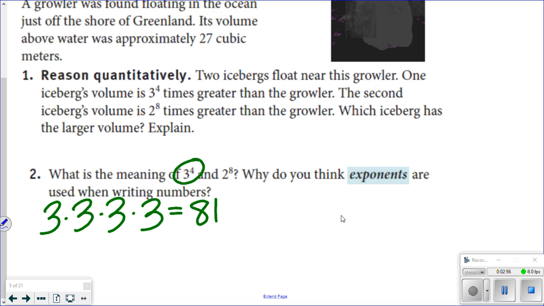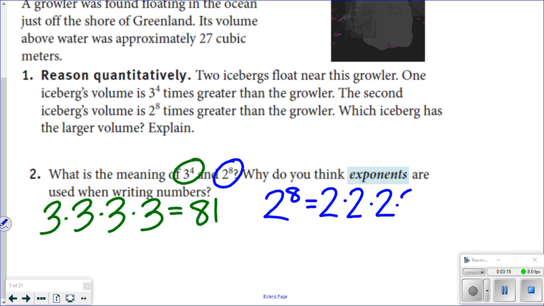What is 2 to the 8th power? 2 is my base, it's the larger number, and 8 is the exponent. So what this means, if I write it out as repeated multiplication, it's 2 times itself 8 times.